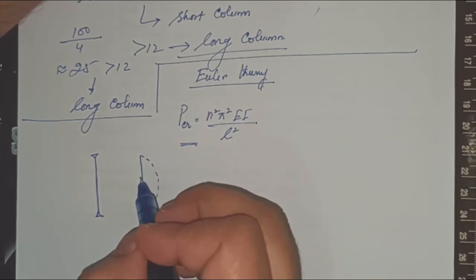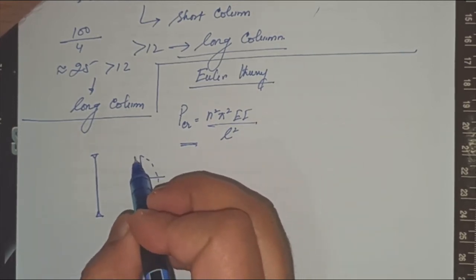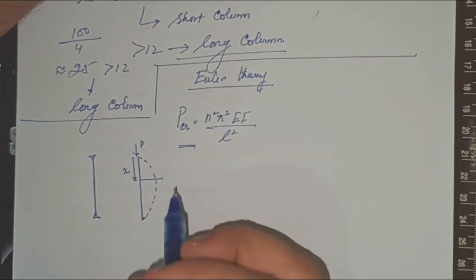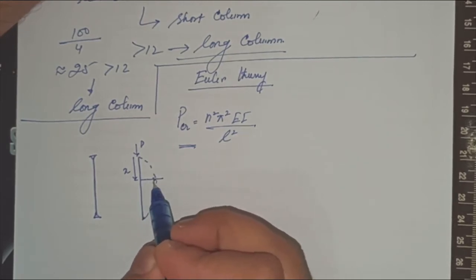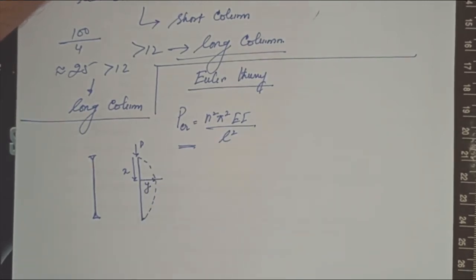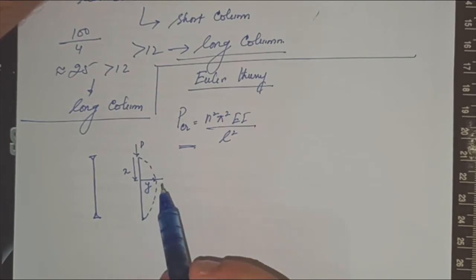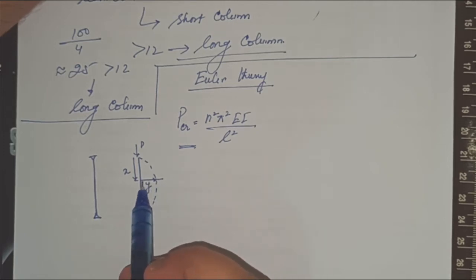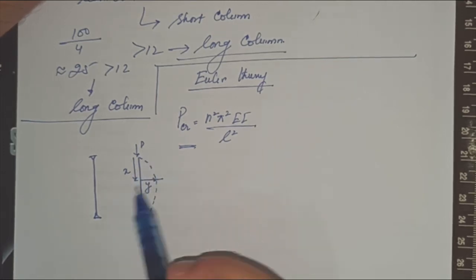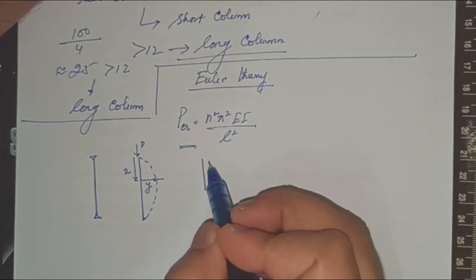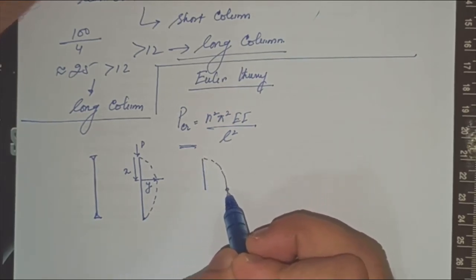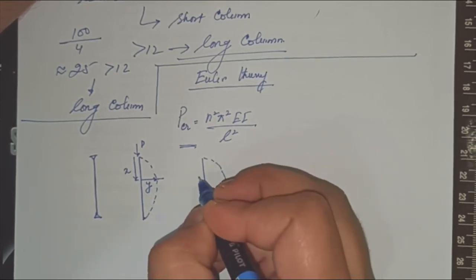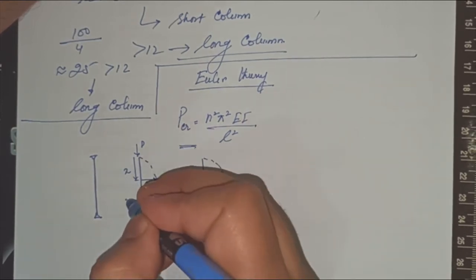At any particular distance x from the top, from the point of application of the load P, let the transverse distance be y. So at any distance x from the top, a particular deflection is seen at a distance of y. Let's take out this particular element and analyze it. At this point, this is distance y, this is x, and the overall length is L.